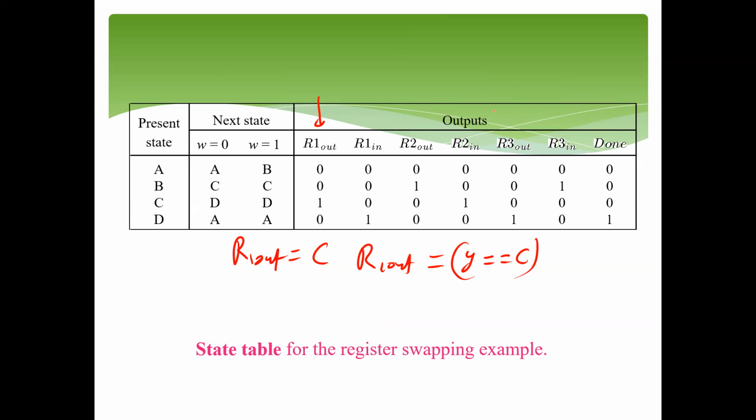For example, R3 out, did I check R1 out? So R3 out is 1 when the current state is D. So I write R3 out equal to Y equal to state D. And so on for the 6. Not 6, this is 7. So we have 7 outputs.